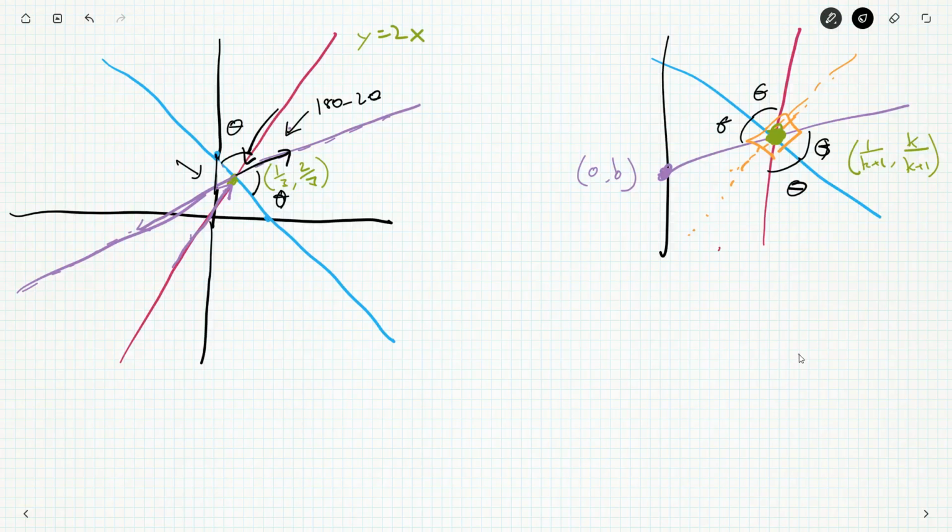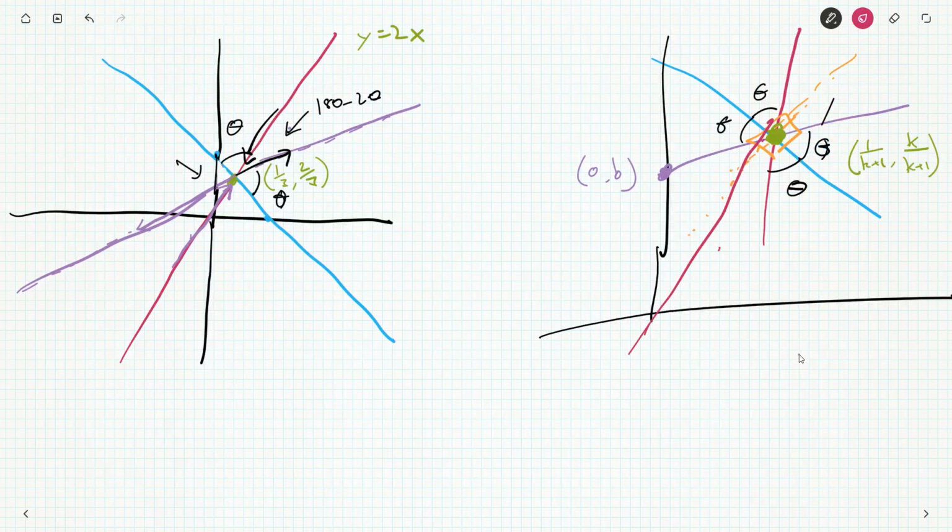Well, one thing I haven't been using is that our red line goes through the origin. So maybe that can help us out. As a matter of fact, let's get rid of some of this, and let's just draw the first quadrant.